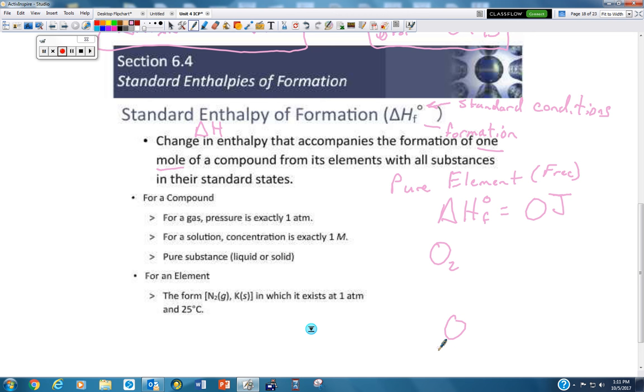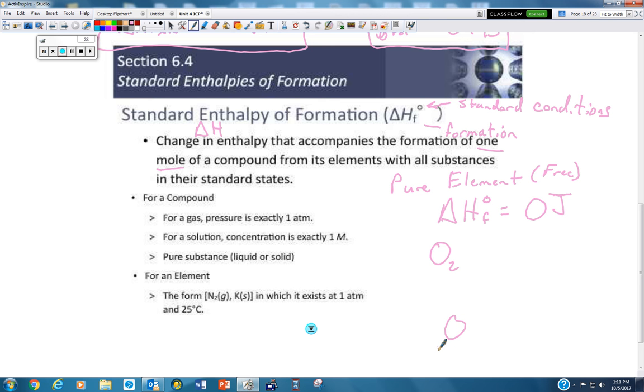All right. So if you notice, O2 is 0, but O3 ozone has a state. O1 would have a state too. This table just doesn't have it on there. So heat of formation for ozone, O3, is plus 142.7.